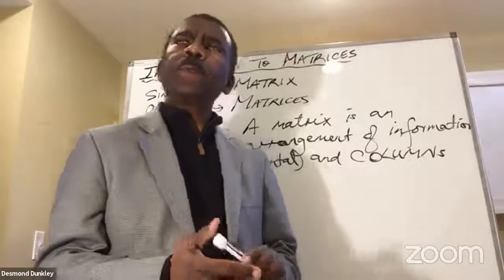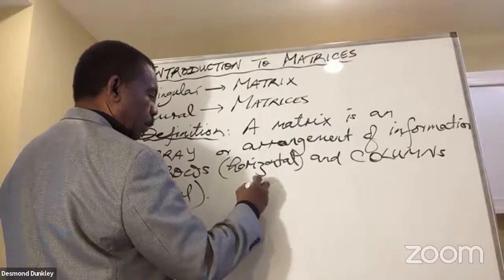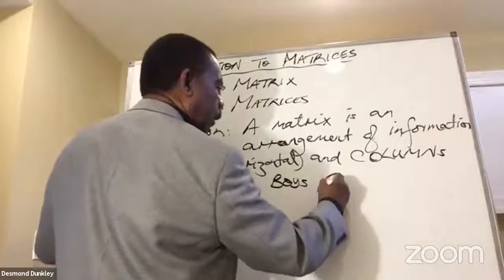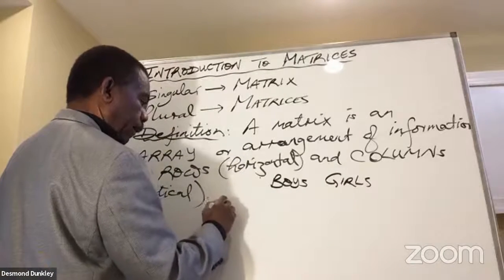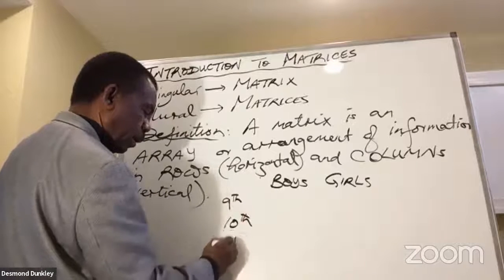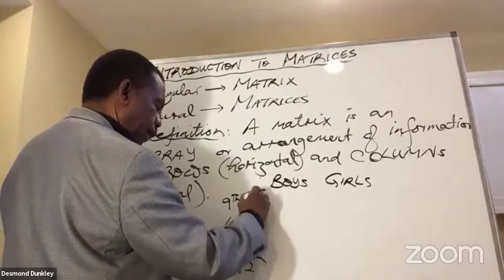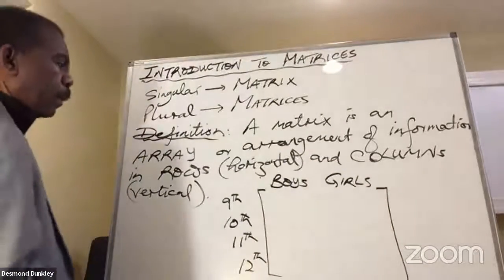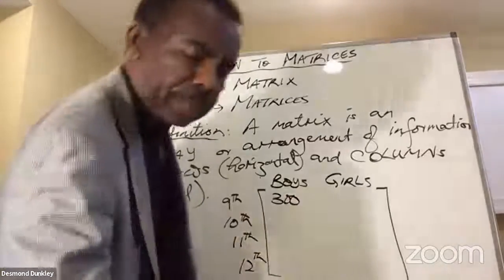And you say, for example, these are boys, these are girls, and say 9th, 10th, 11th, and 12th. So if you saw here, say 300, no, let's use a smaller number.